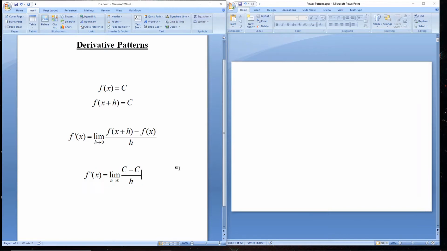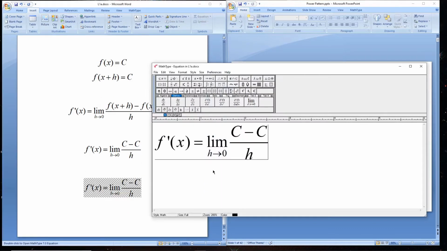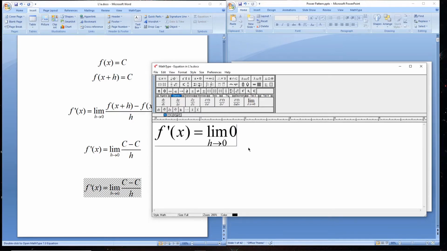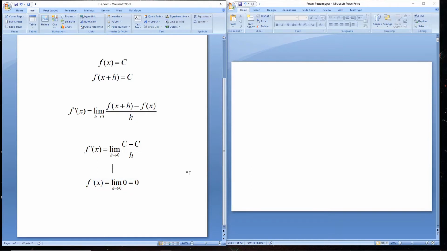And so there we did. We plugged our information in. And then we'll go ahead and do the limit. So c minus c is 0. And I talked about this in the previous video, this tricky little limit here, that the 0 over h is 0. And the limit of a constant is always that constant. And that's our answer.